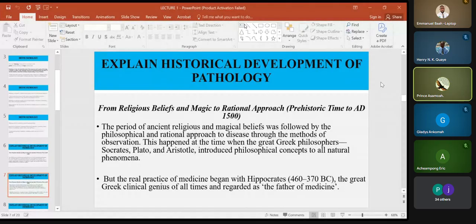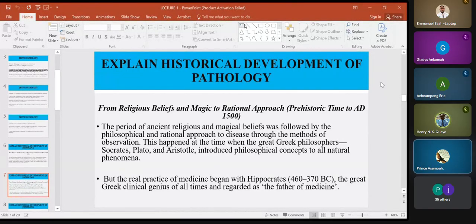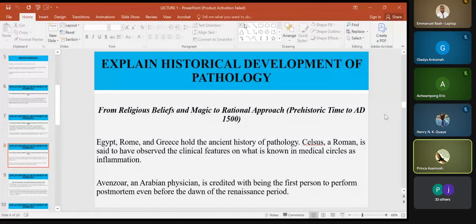Some were diseased, and they got healed through certain traditional practices. But they are telling us that Hippocrates brought it to the forefront. So we hear. Now, ancient Egypt, ancient Rome, and Greece all hold the ancient history of pathology.